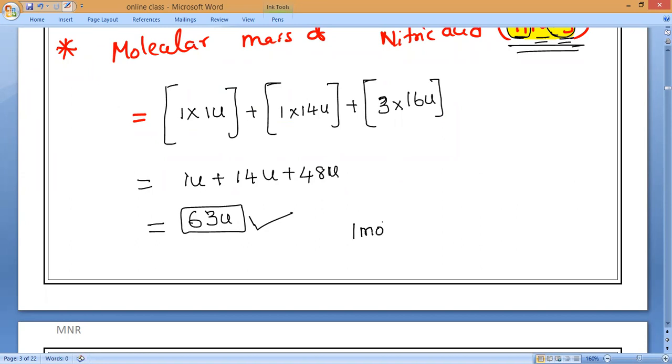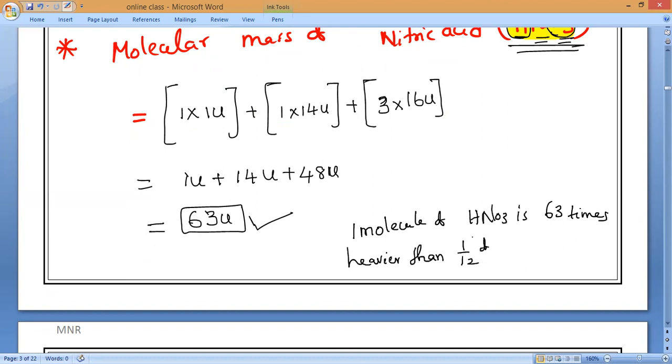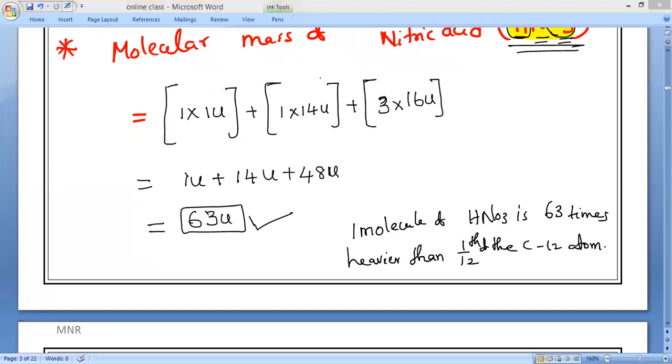So one molecule of HNO3 is 63 times heavier than 1/12 of the carbon-12 atom. Is it yes or no, everybody? That is the meaning of that. Is anybody having any doubt? You can ask. Are you clear, everyone?